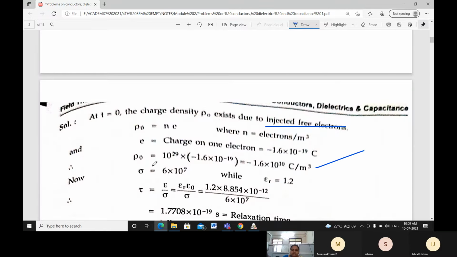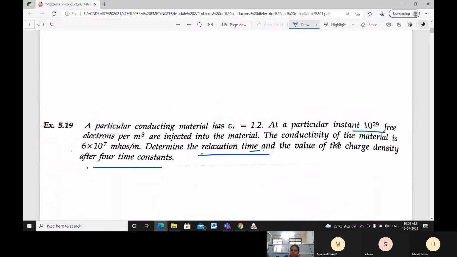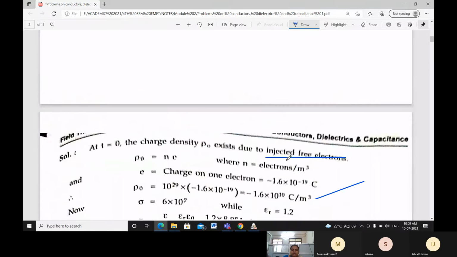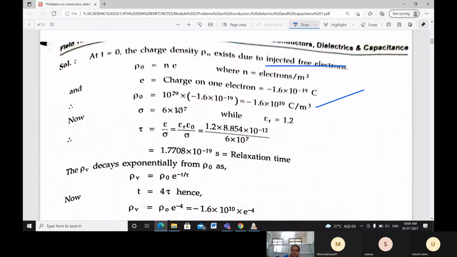Then they already gave the conductivity, sigma equals 6 into 10 raised to 7. In this case epsilon r is given as 1.2, and our relaxation time equation is epsilon divided by sigma. Hoping you know, we already covered all the equations. Once you go through the theory part, it will be easy to remember this.